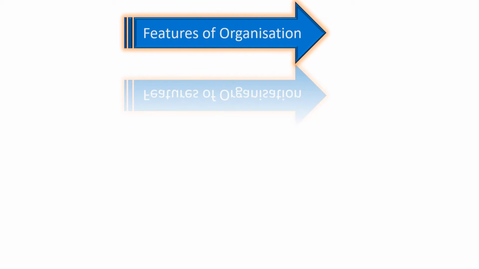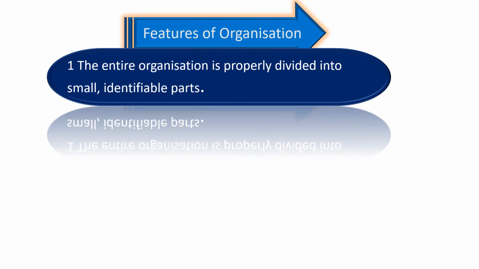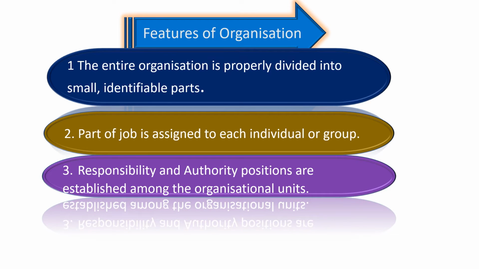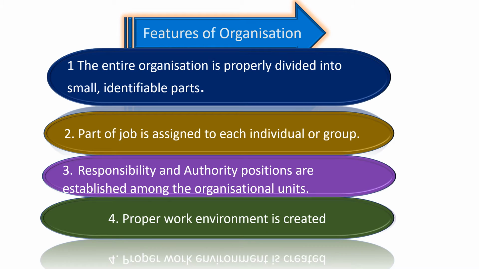The various features of the organization. The first is the entire organization is properly divided into small, identifiable parts. This results in departmentation and subdivision of staffs. Second is each part of the job is assigned to each individual or group.